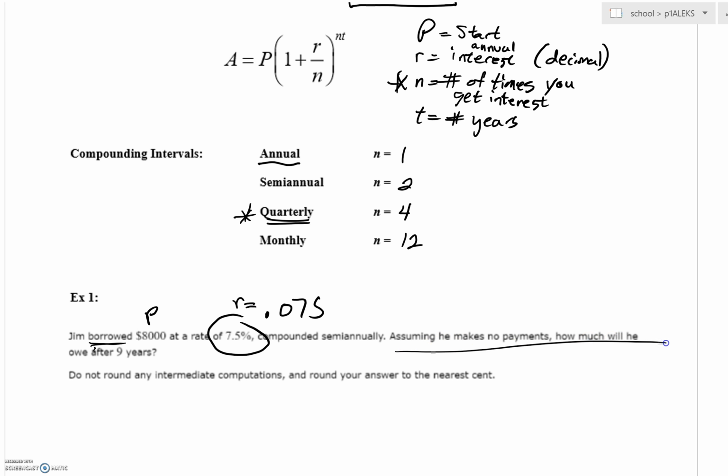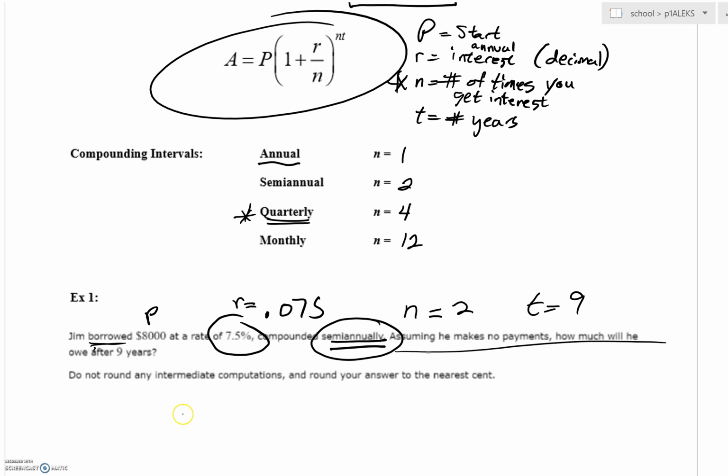If he were not to make payments, how would this accumulate? This is how people can really get into debt. This is semi-annually, by the way. It's compounded semi-annually, so N is going to be 2, and T is going to be 9. So we've got this formula up at the top. A is equal to P times 1 plus R over N, raised up to the NT.